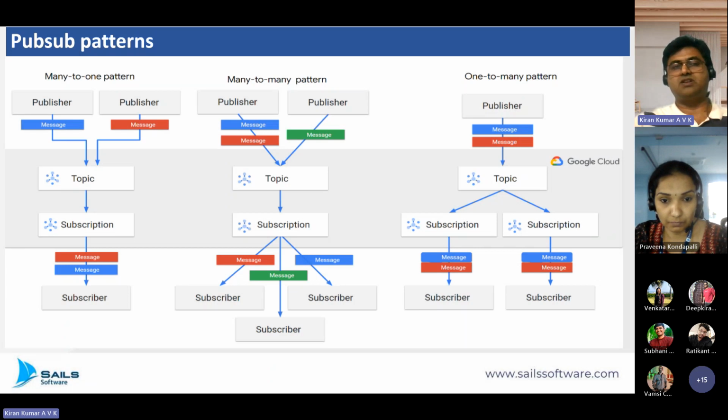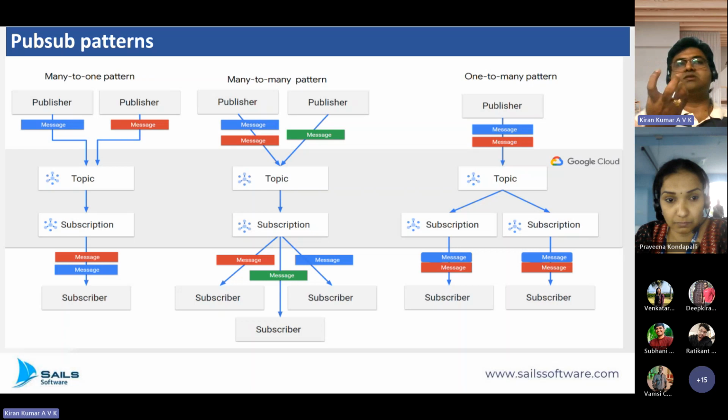So this is an example of the fan out pattern, and also this many to many pattern, where you want load balancing, if you want to process the stream of events.